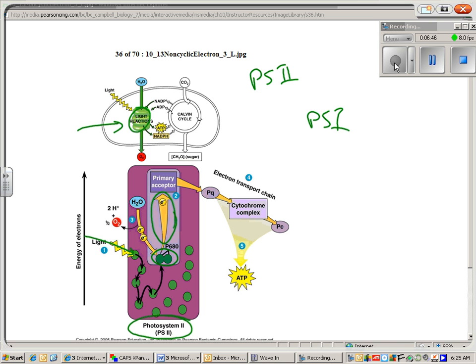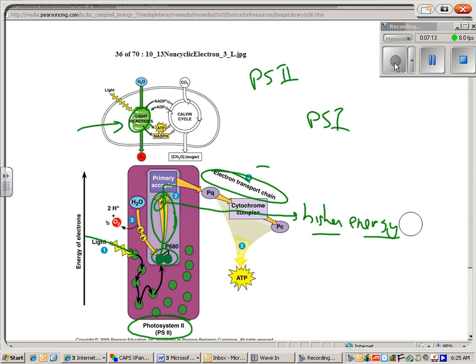When light gets to certain chlorophyll molecules, electrons go to a higher energy level. Actually, they're released. We talked about this before with cellular respiration. Electrons are excited, and they go to an electron transport chain. So let me go back through the steps of this again by erasing my ink here.